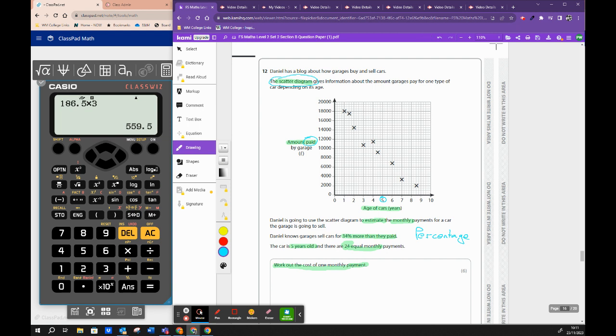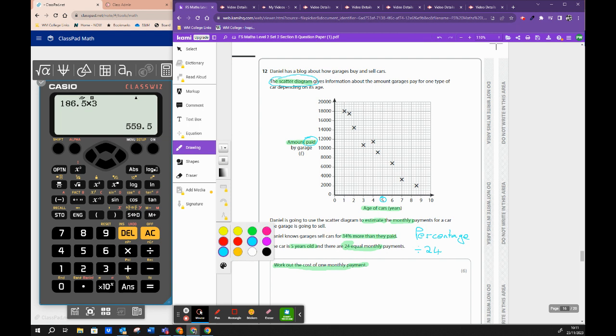Okay, and we're then going to have to do some division by 24 to split the cost into its 24 equal payments.